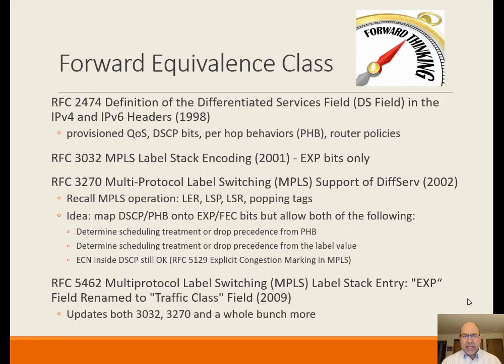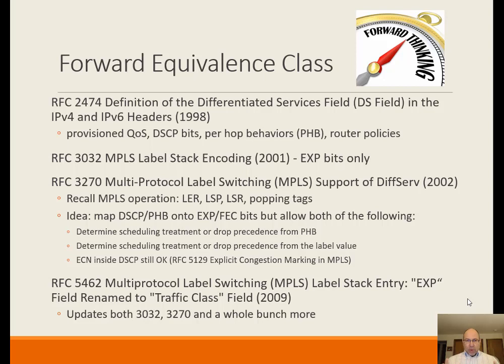Now, our first big idea up is the forwarding or forward equivalence class. And we've talked about this before, but I wanted to extend this a little bit to differentiated services. So we talked a lot about QoS. We talked a lot about the manipulation of 802.1q and then the IP header and the DSCP bits. But here we can say, well, what if we wanted to extend forwarding equivalence class to the MPLS tags?